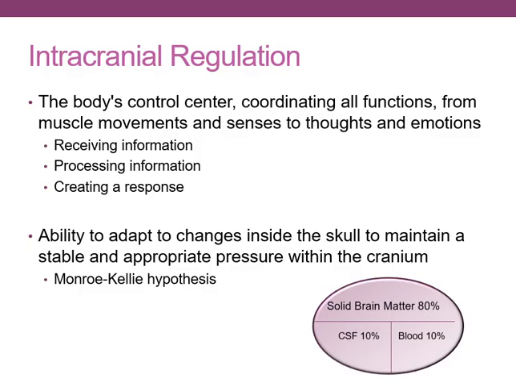And like I said, it works by receiving information, processing information, and creating a response. The brain also has the ability to adapt to changes within what's going on with the skull.